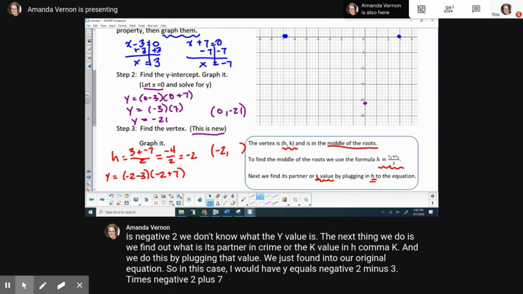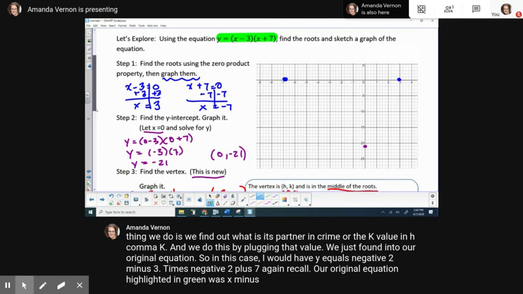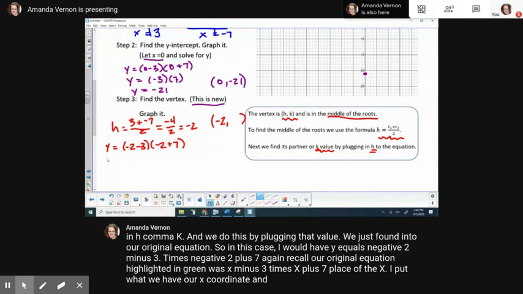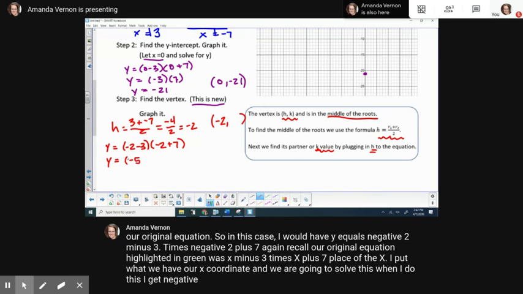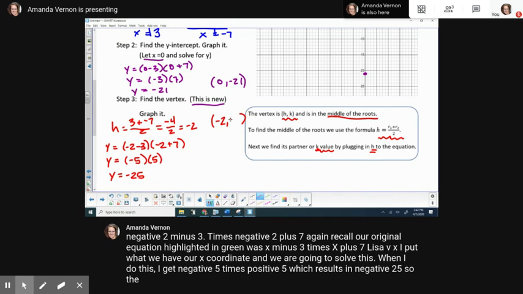Again, recall our original equation was x minus 3 times x plus 7. In place of the x, I put our x coordinate, and we solve this. I get negative 5 times positive 5, which results in negative 25. So the y-coordinate, or k value, of our vertex becomes negative 25.